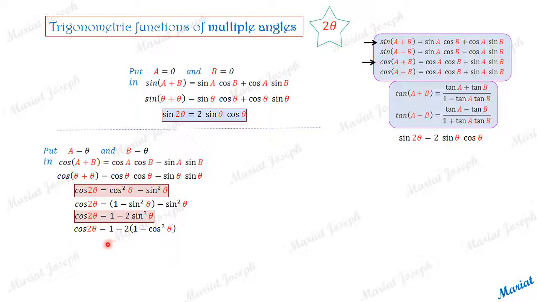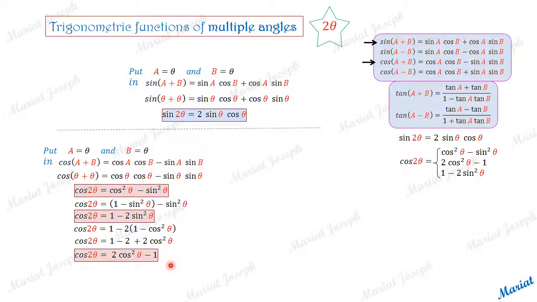And by simplifying, we get 1 minus 2 plus 2 cos square theta, and on simplification we reach cos 2 theta is 2 cos square theta minus 1 also. Hence, we have cos 2 theta written in three forms. One is cos square theta minus sine square theta, 2 cos square theta minus 1, 1 minus 2 sine square theta. Three formulae for cos 2 theta.